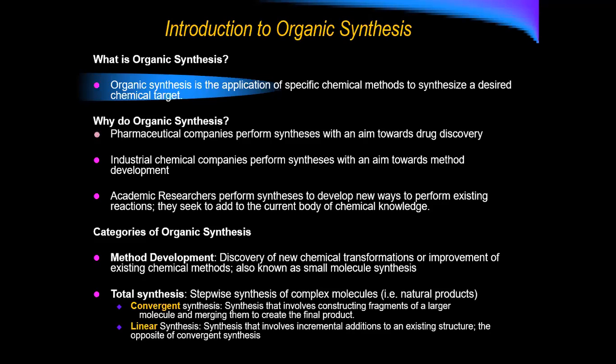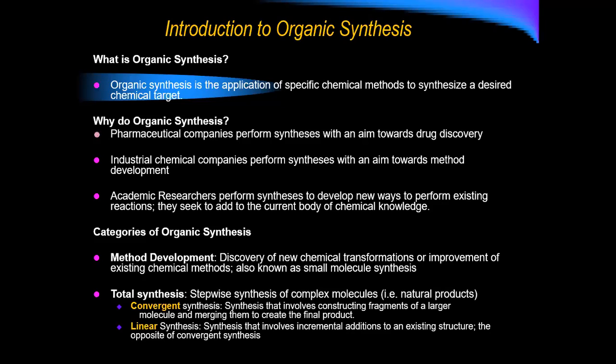Again, I always talk about reactions as tools in the toolbox. Academic researchers are always looking to develop new tools to do maybe the same reaction that's already been done, but a new way to do it. Maybe it's more efficient, maybe it's more atom economical, maybe it's faster, maybe it's less catalyst, less waste, and so on and so forth.